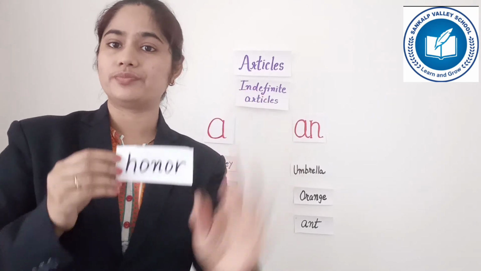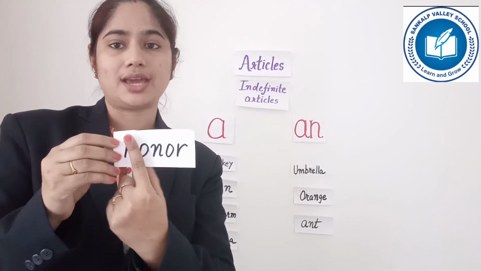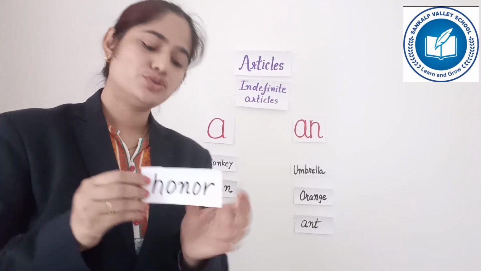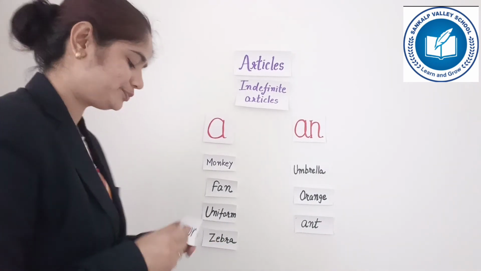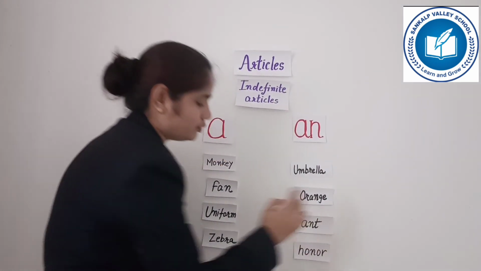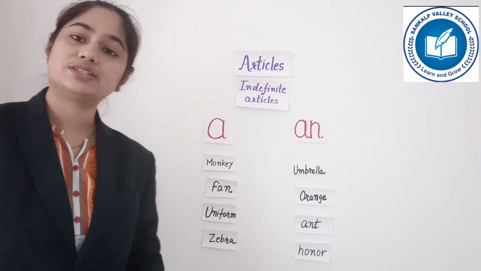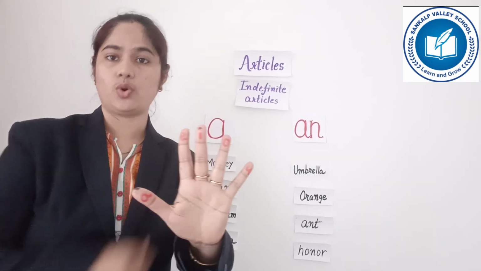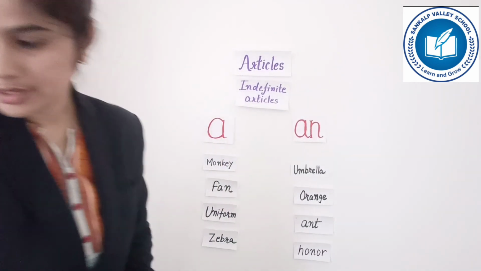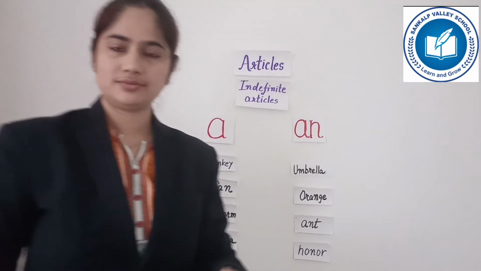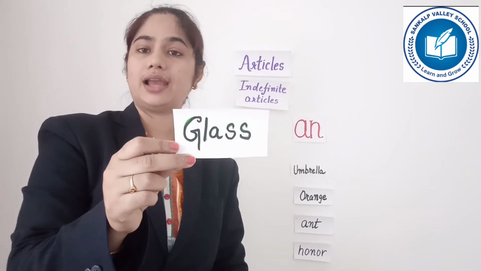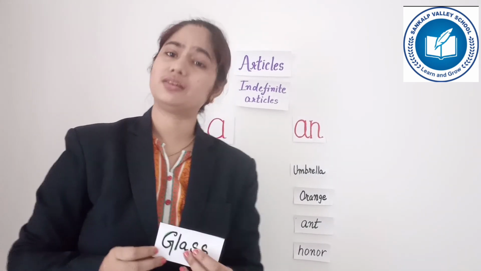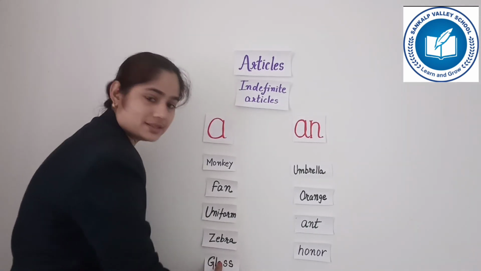So children, we will say an honor, because we are pronouncing it with the O sound. Now the last one I have is glass. The opening sound is G. It is a normal consonant. So we will say a glass.